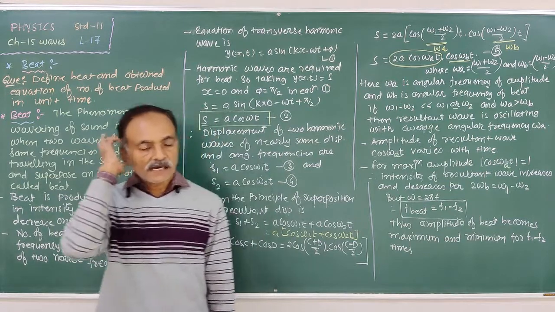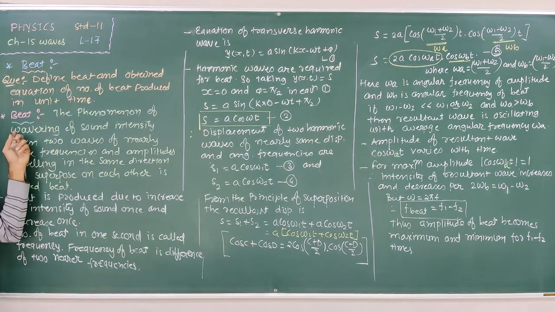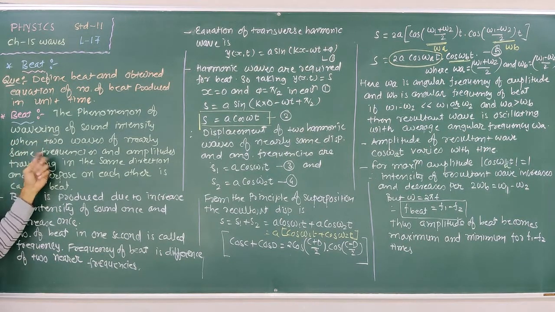Clear? Again, we repeat the answer of this question. What is the beat? The phenomenon of wavering of sound intensity when two waves of nearly the same frequency and amplitude, traveling in the same direction, are superposed on each other is called beat.